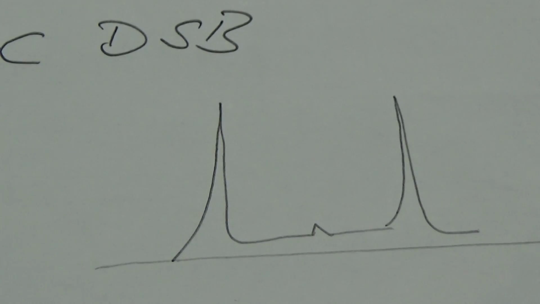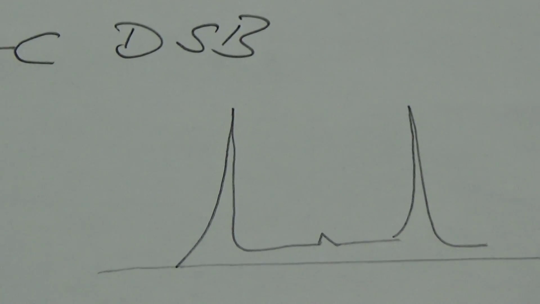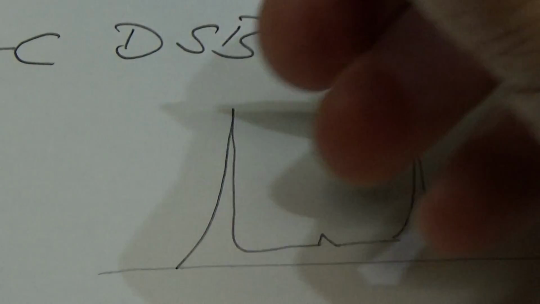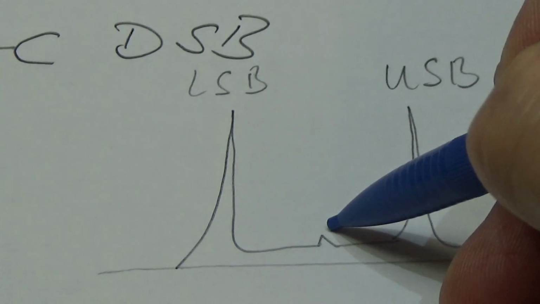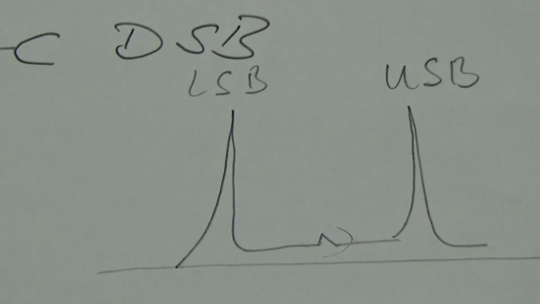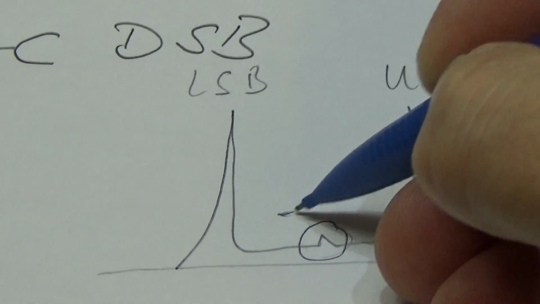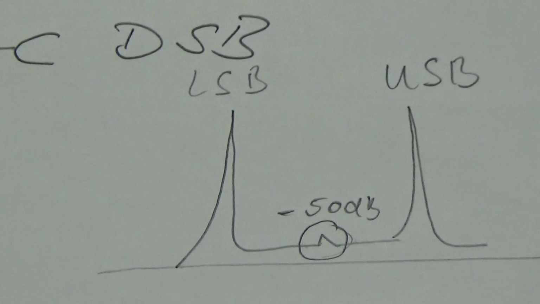Now this is exactly what we have on our screen, and this here is our upper sideband and this here is our lower sideband. This little component here is our carrier, and we have seen on our analyzer that it is down -50 dB, which is really a good value.